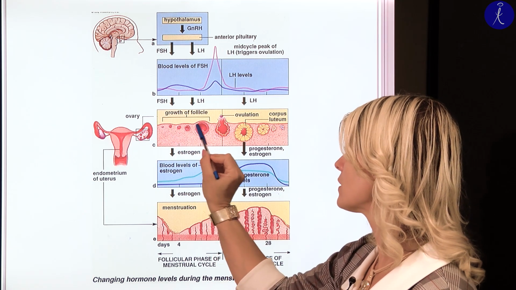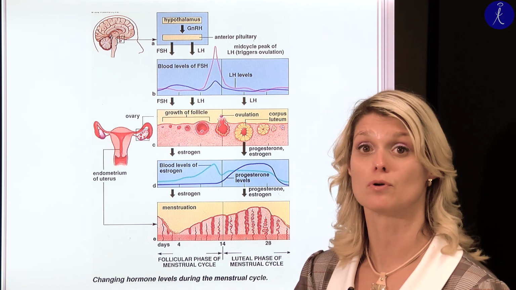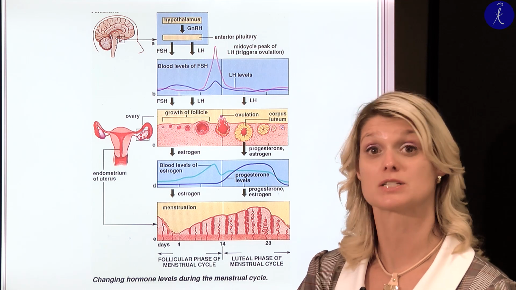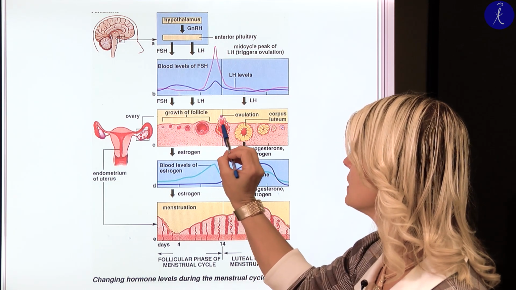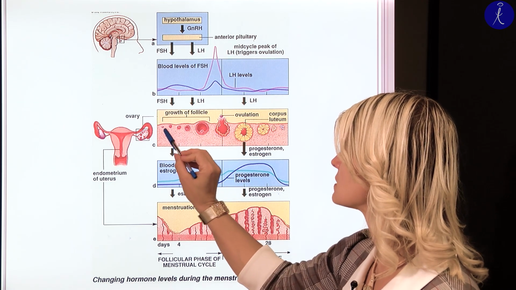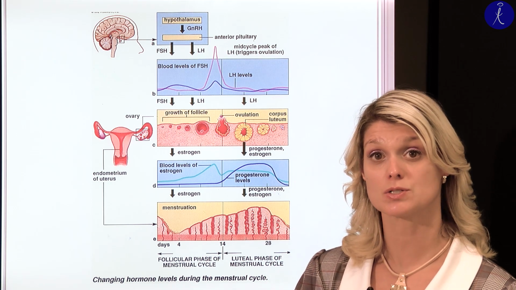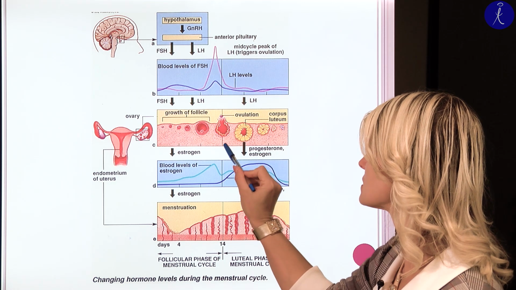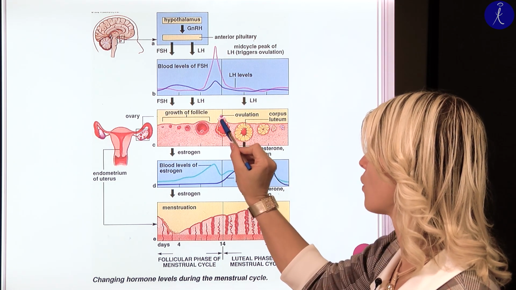The growing of the follicle from the primordial follicle until the tertiary follicle takes about 5-6 months, so it's a long time. Within one cycle, we will choose some tertiary follicles which will grow very fast. And in the middle of the cycle, because of the effect of LH, it will ovulate.